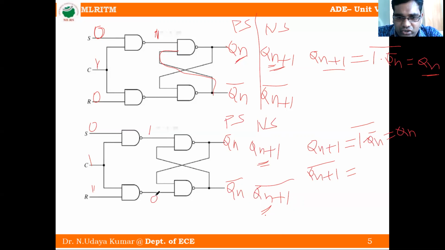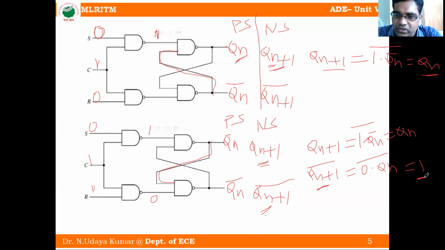So we are giving 0 as one input and the other input is Qn. That means 0 into Qn whole bar. It is a NAND gate, so whole bar. 0 into anything is 0, and whole bar is 1. So we will get 1. So this is Qn plus 1 bar. It is 1.